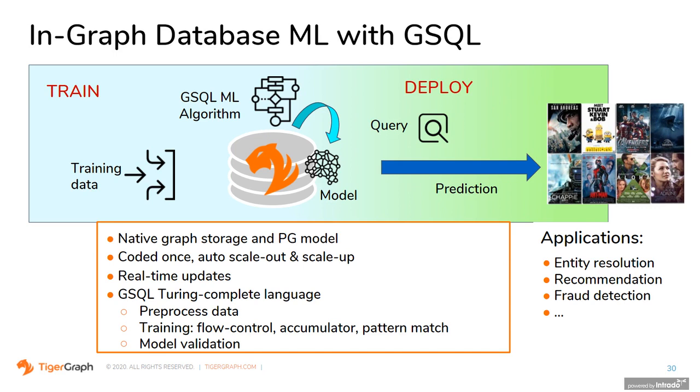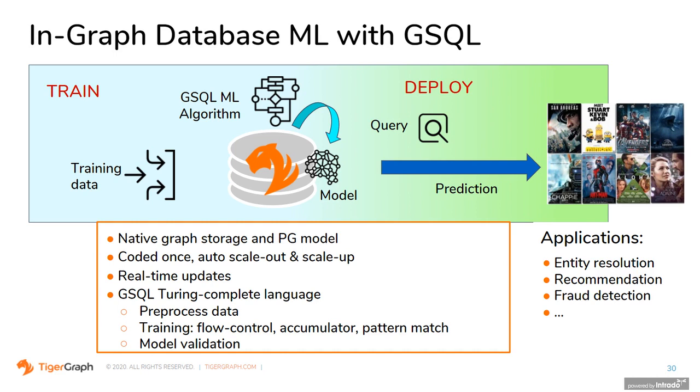The model basically is a set of weights and says, I get these values for this customer and I apply the different weights. What is the net score? Is this a go or no go? So this can be used for all sorts of different applications. It's not just fraud detection, but it's recommendation, it's intelligent entity resolution.